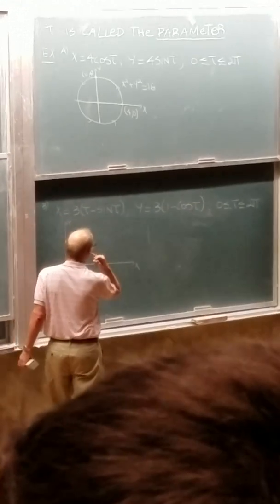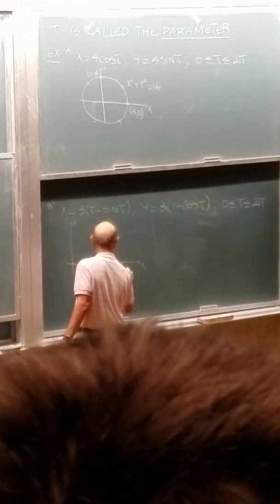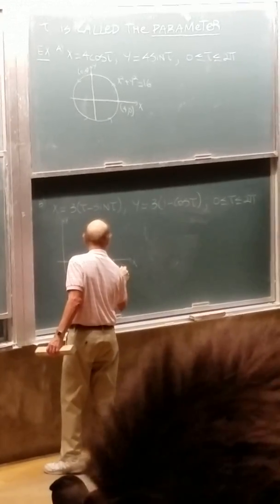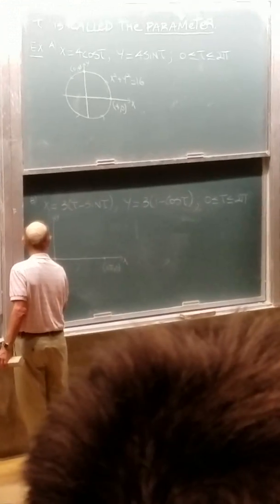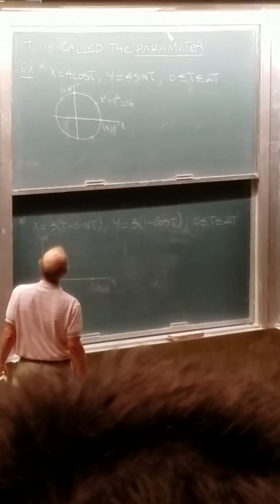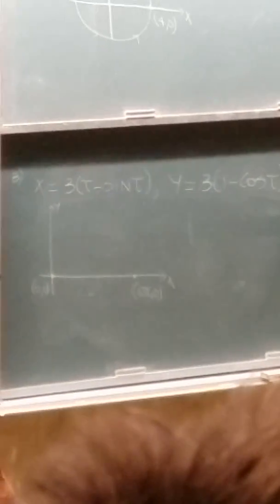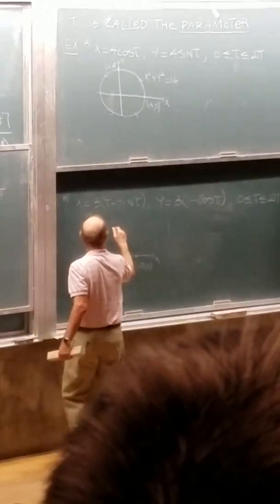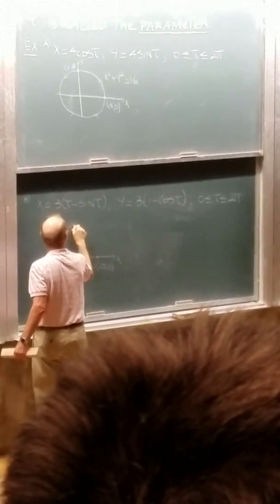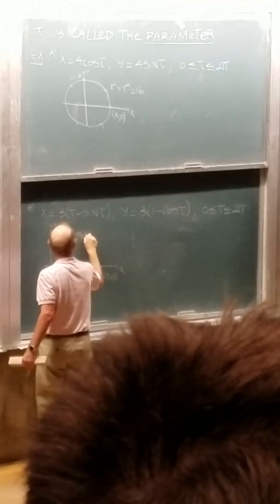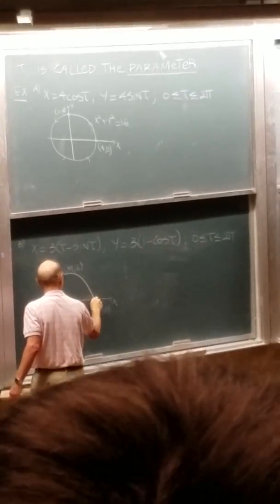When t is 2 pi, you have the point (6 pi, 0). When t is pi, x is 3 pi and y is 6. So you get a curve that looks something like this.